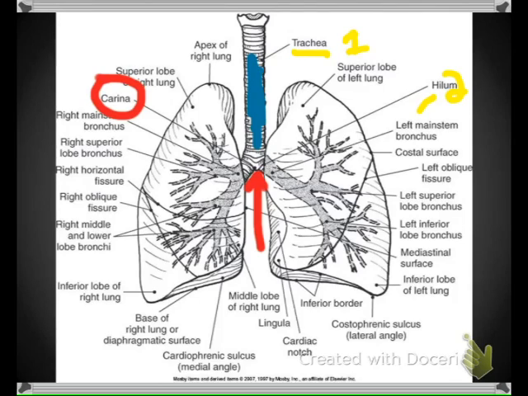And so just remember the order of respiration, and pretty much the only thing that you need to know from this image is the apex of the lung, the trachea, the left and right main stem bronchi here, the corona, and that will suffice.